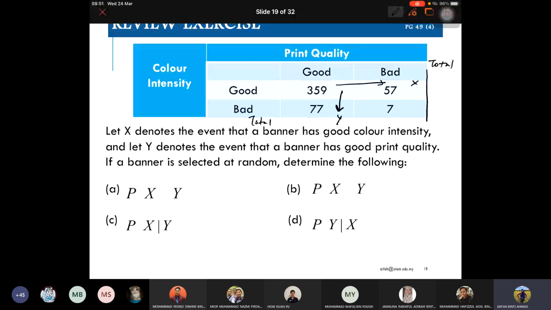So, berapa dia dapat? 359 tambah 77 and so on. Dapat berapa? Total 500. Yang mana? Grand total. Kan? Semua.